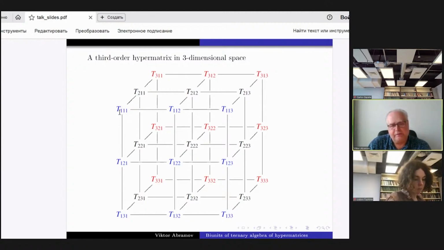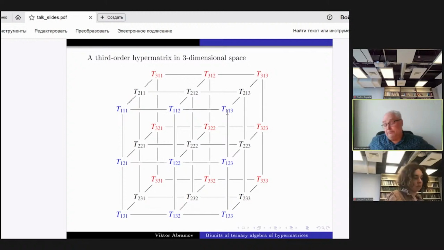Then this direction I call the J direction, because here the second subscript increases, 1, 2, 3, and the third one is this one. This is the K direction, because here the third subscript increases by 1.